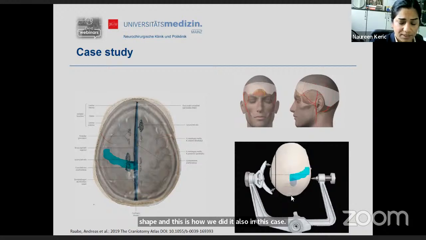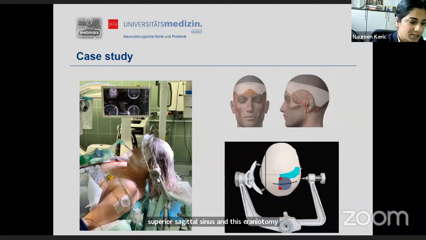So here, schematically, we draw the precentral gyrus, the lesion, and how we would do the skin incision, a straight incision, and then 2 burr holes on the superior sagittal sinus, and this craniotomy in a parasagittal way. The patient is positioned here with a slightly tilted head, and just straight.